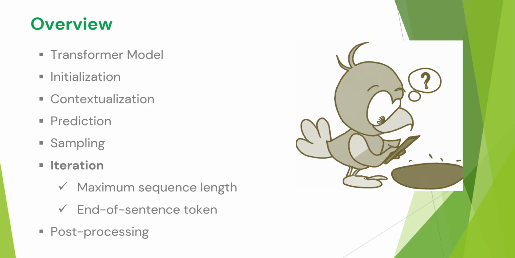After this, it repeats the steps of prediction and sampling with the newly sampled word added to the sequence until a stopping criterion is met. Now, the stopping criterion can be that the sequence reaches a predetermined length, or a special token is sampled indicating the end of the sentence.